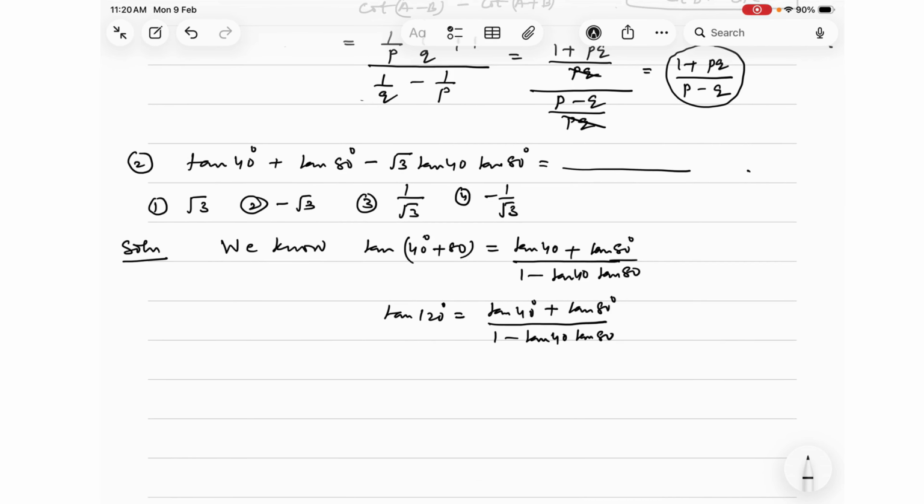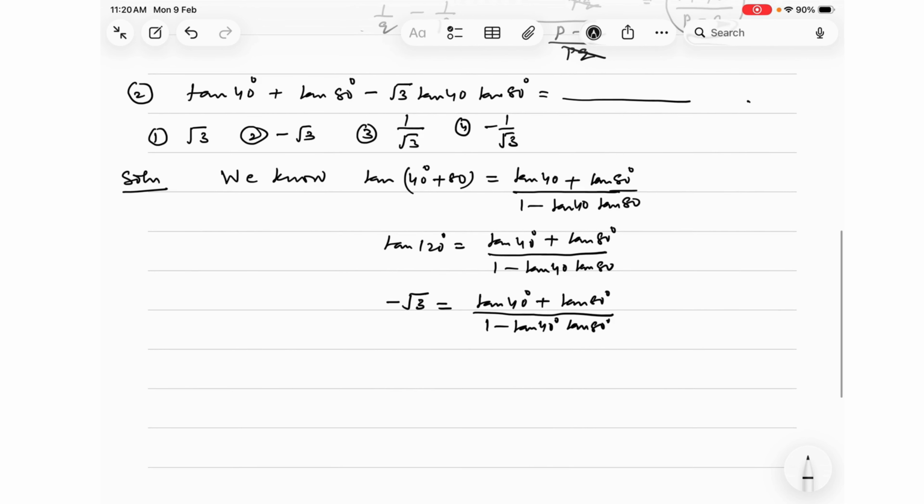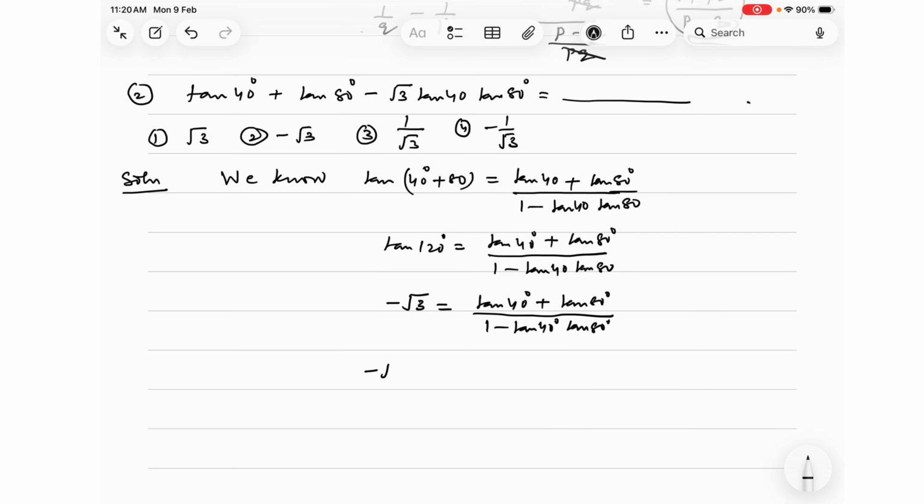But tan 120° value we know, it is minus root 3. So minus root 3 becomes (tan 40 + tan 80)/(1 − tan 40 tan 80). Okay. If you cross multiply, what will you get? It is minus root 3 plus root 3 tan 40 tan 80 equal to tan 40 plus tan 80.